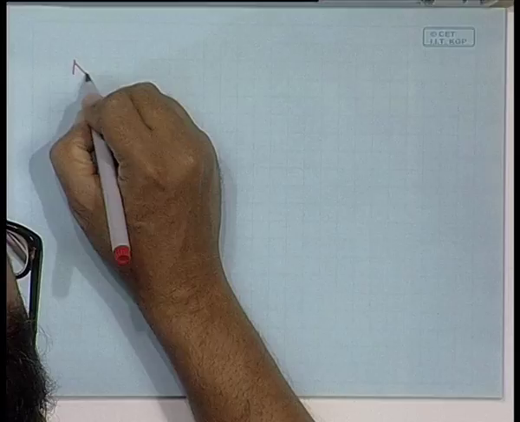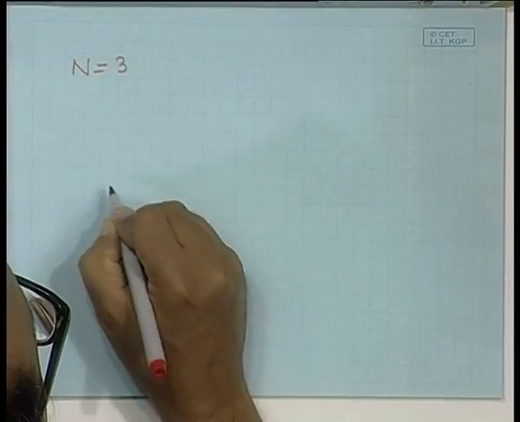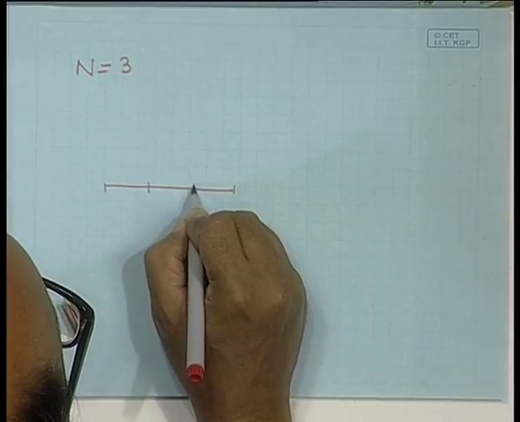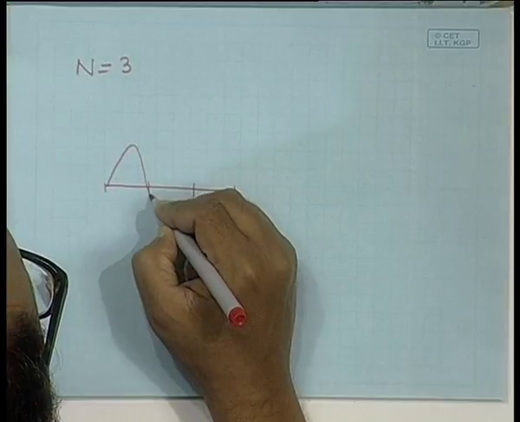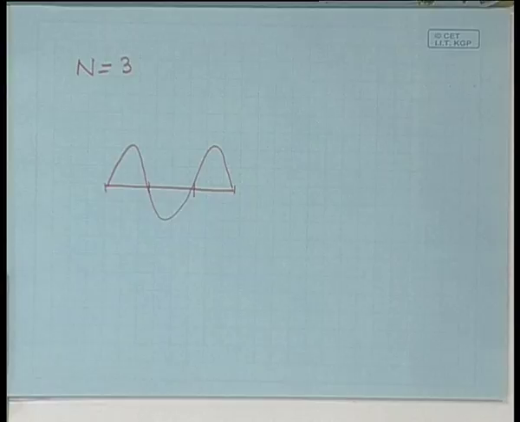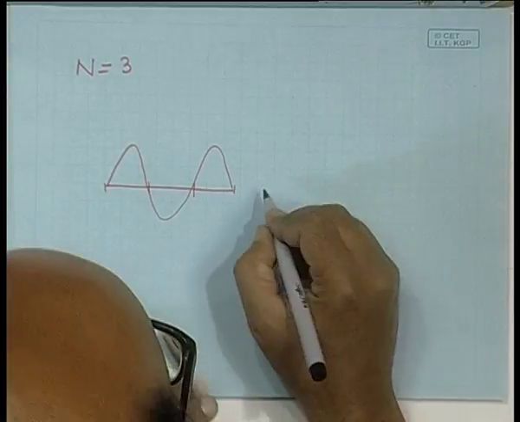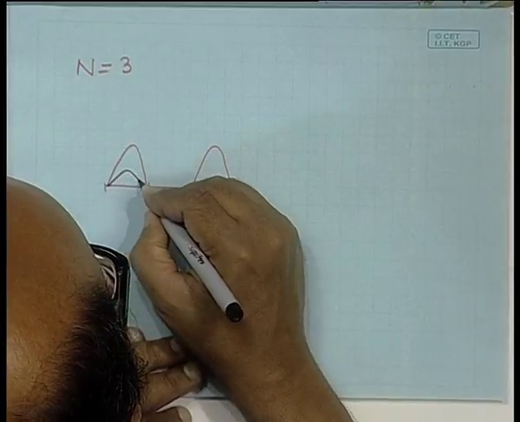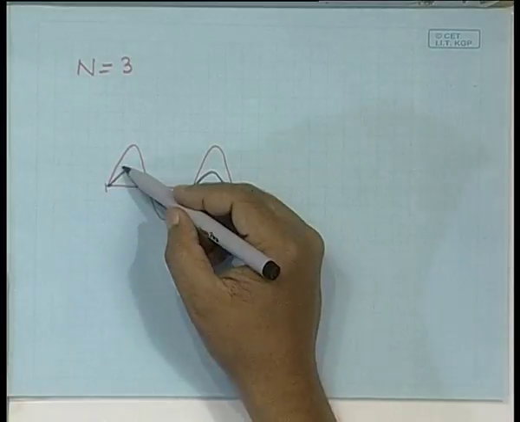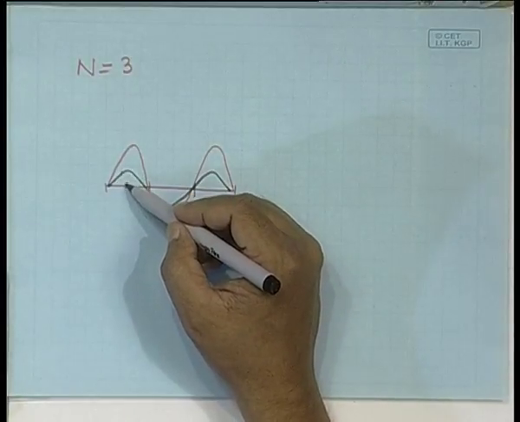N equal to 3, you can guess it will look like this. There will be two nodes in between, and the whole disturbance is going to look like this, and the amplitude of this disturbance is going to evolve with time. So, at a later time instant, the amplitude is going to go down, it will look like this, and then at a certain time the amplitude will become 0, and then it will become negative.